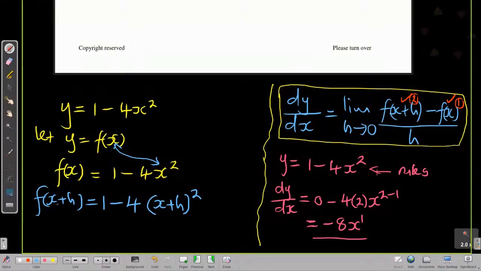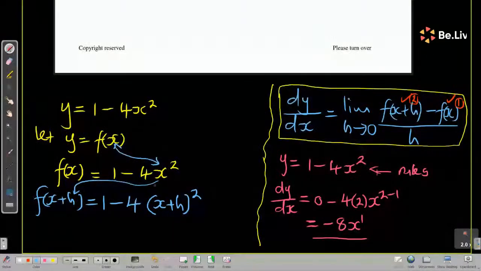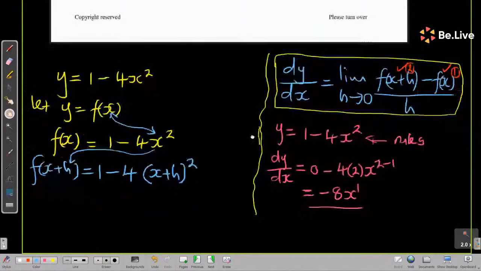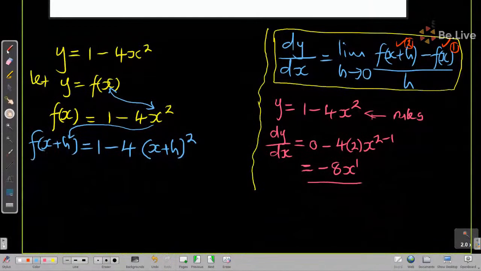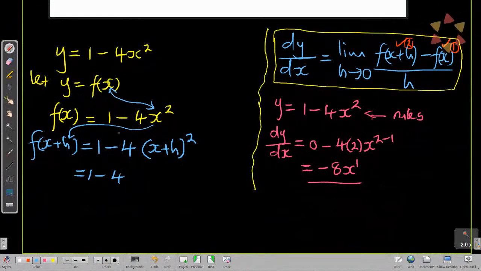Because of x plus h, that is what we substituted for that x, but remember it's a square. The next thing you need to do is simplify that part where you have 1 minus 4. Be careful of this negative, be very sensitive there. Always keep that bracket. So you've got x plus h. Students usually confuse this part.